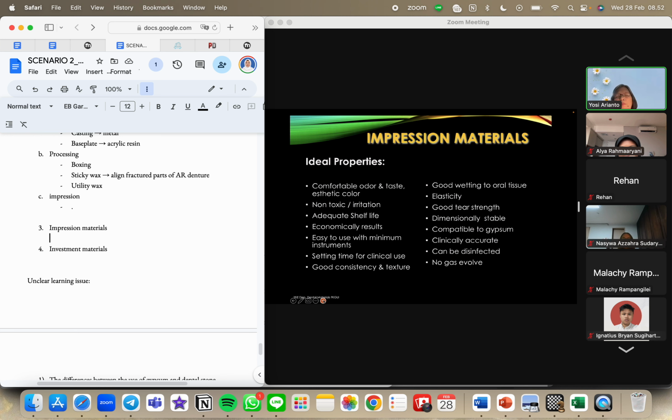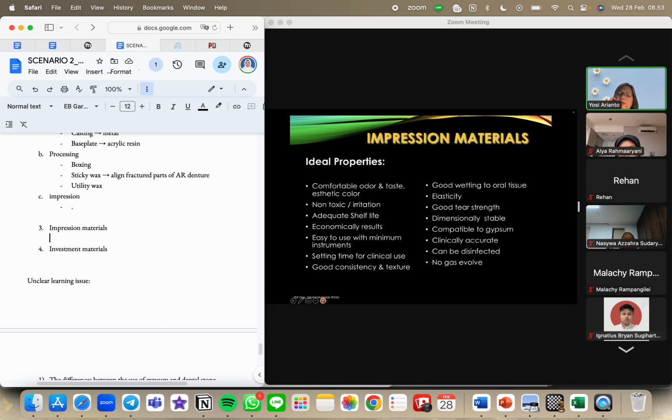The setting time is not very long or too short, but used properly for clinical use. They also have good consistency and texture, good wetting of oral tissue. They have elasticity, good shear strength.